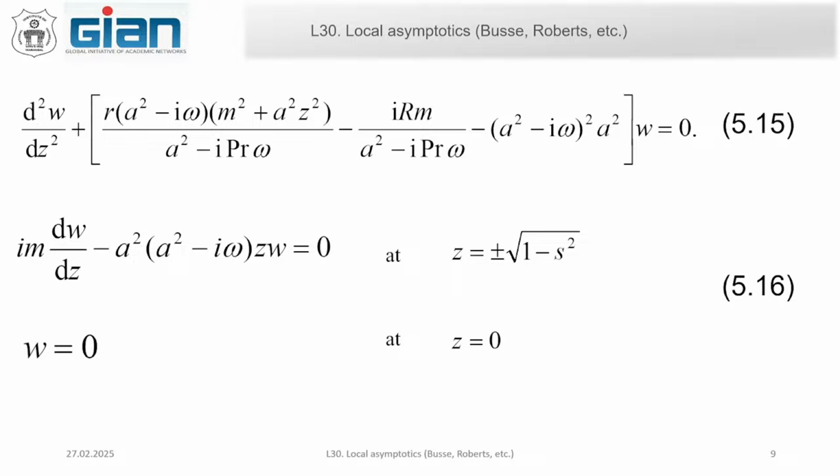So to construct the dispersion relation for our problem, we solve this two-point boundary value problem, which is formulated here, 5.15, 5.16, for the complex eigenvalue omega.